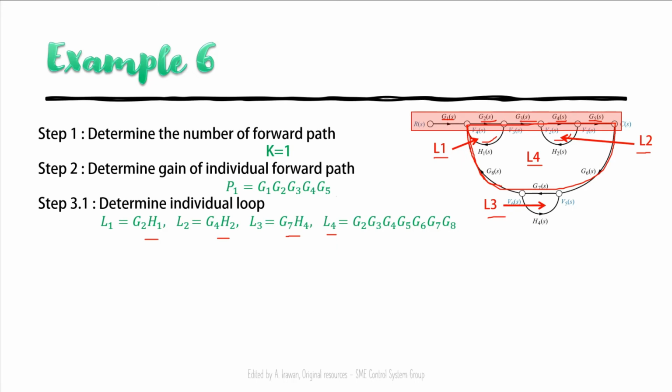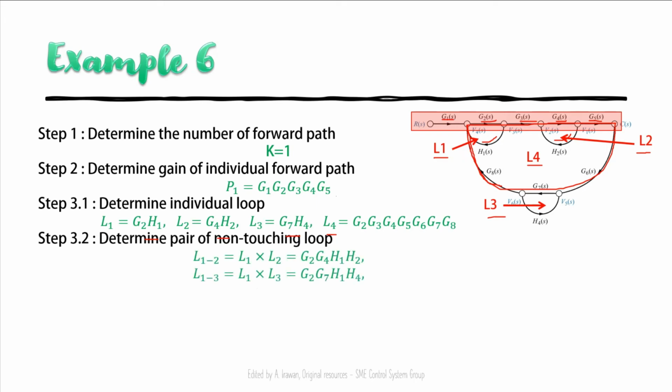All right, determine the pairs of non-touching loops. Which ones are the pairs of non-touching loops? Loop 1 and loop 2 are not touching. Loop 1 and loop 3 are not touching, this one and this one.